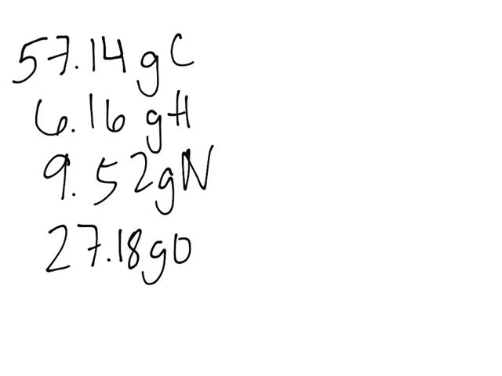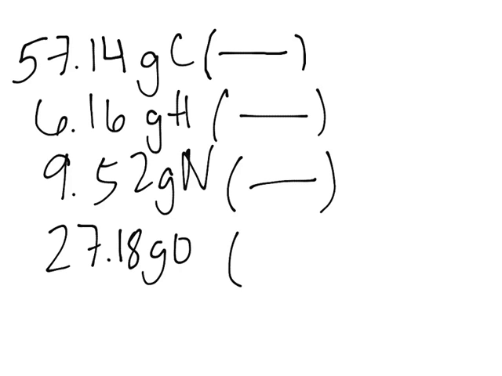So the first step is finding the moles of each of the elements. So we have to divide this by their atomic mass because they're simply elements, and their atomic mass represents 1 mole.